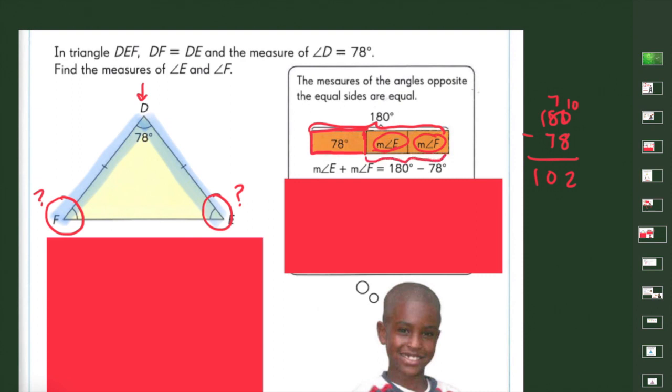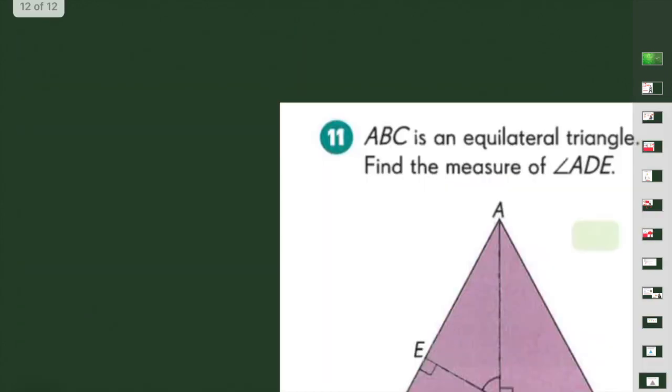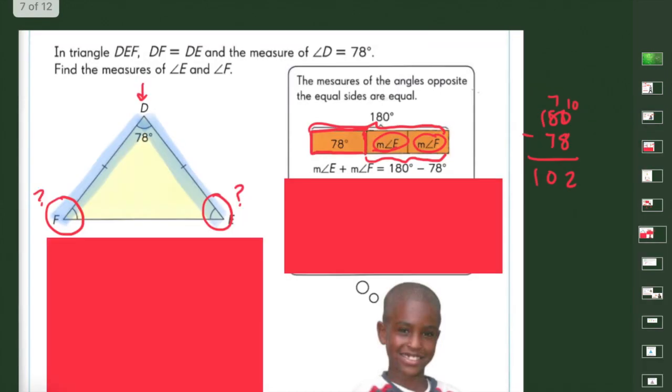So we know that between angle E and angle F, they have to have 102 degrees total. And they have to be equal in measurement. So I'm going to have to take those 102 degrees and divide it equally among the two angles.